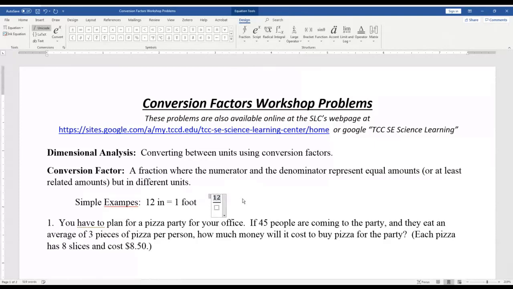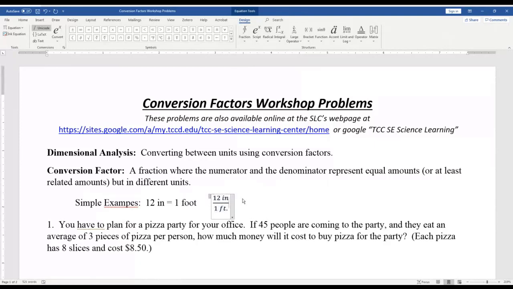I could either put 12 inches on top, 1 foot on bottom, or, and forgive me, this probably is a little bit of a review for you, something you've already seen, so I'll be quick about it, 1 foot on top, also equal to 12 inches. And because the top is equal to the bottom, it doesn't matter which is which. You'll choose one conversion factor over the other based on what you're starting with.